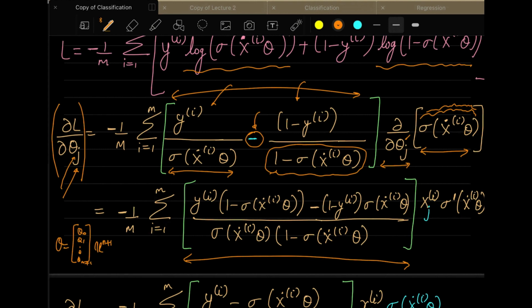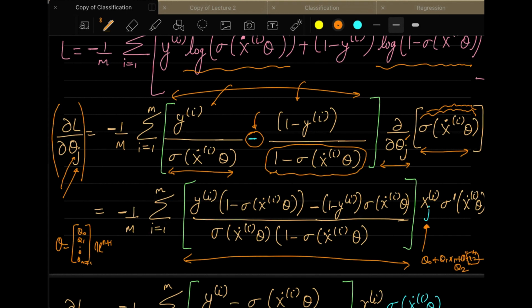When you do that, you actually get the x j component. Let's say you have theta 0 plus theta 1 x1 plus theta 2 x2. Once you do a derivative with respect to theta 2, you will only be left with x2, the second feature. That is what is over here.